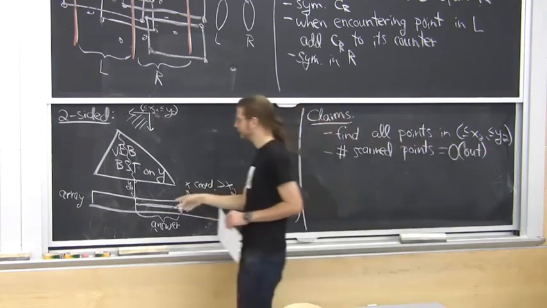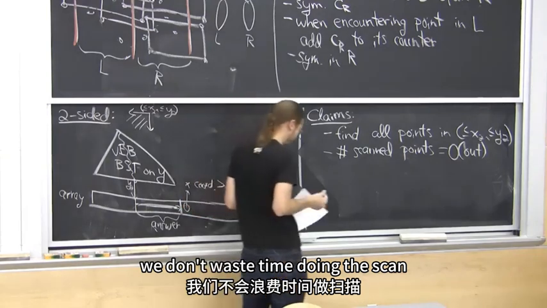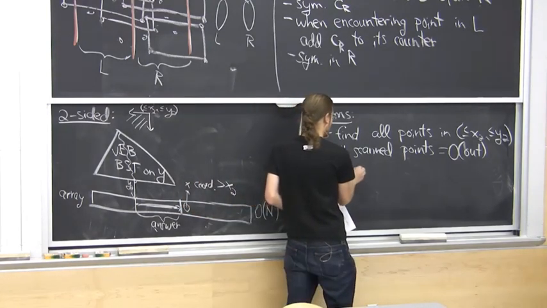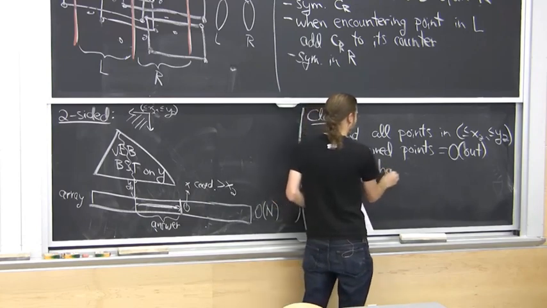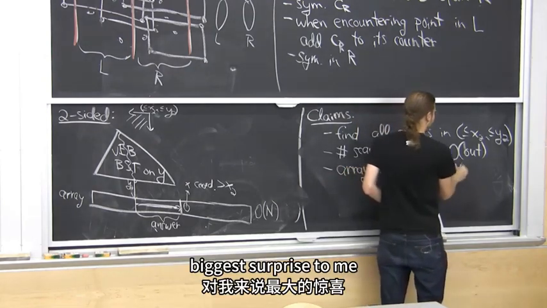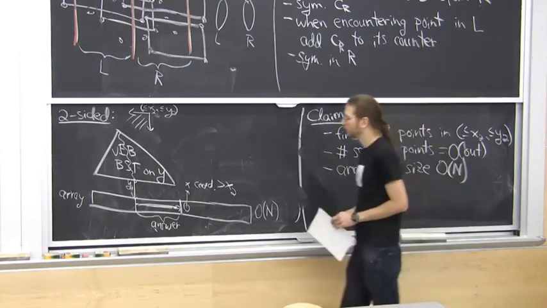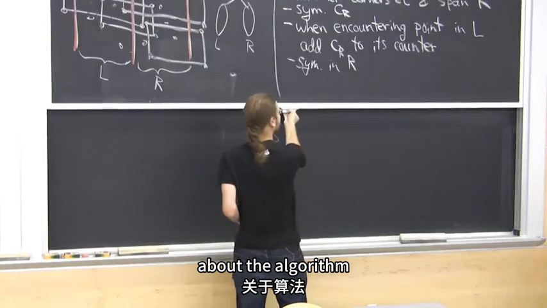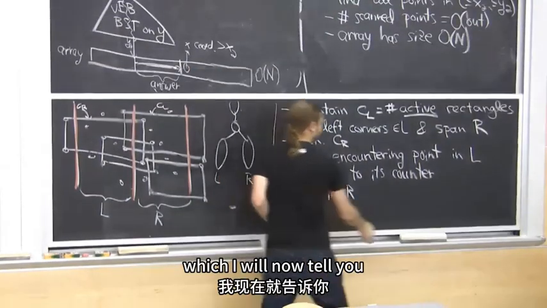So we don't waste time doing the scan. And the other thing is that the array has size order n. That's sort of the biggest surprise to me. So those are the three things we need to prove about the algorithm, which I will now tell you.